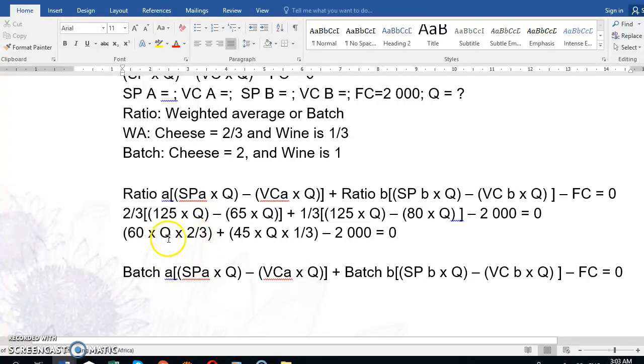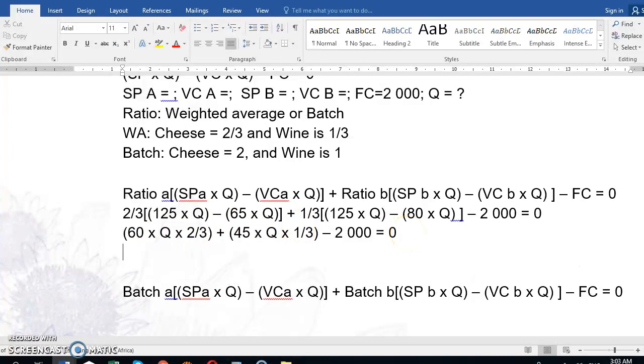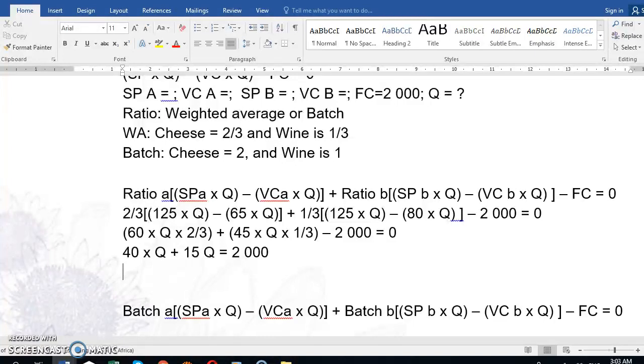Now if we multiply this out further, 60 times 2/3 is 40, so you have 40 times Q, and 45 times 1/3 is 15, plus 15 times Q. The 2000 goes over, equals 2000.